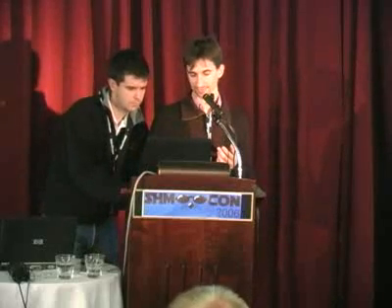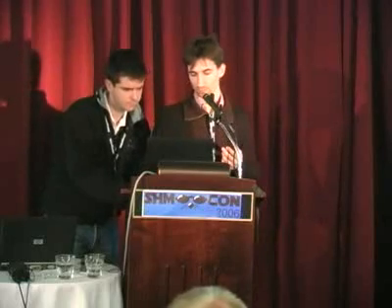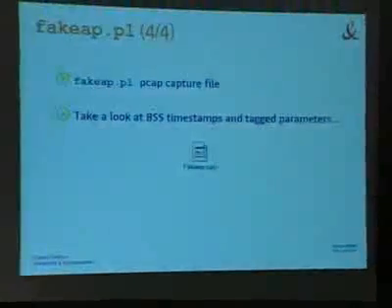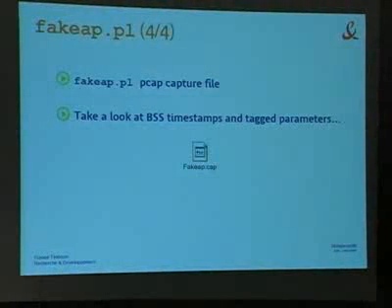The BSS timestamp is a specific field encoded in 64 bits, which is in fact a kind of uptime of the access point, of the last modification of the access point. So when you take the interface down or up, the BSS timestamp is initialized to a certain value.